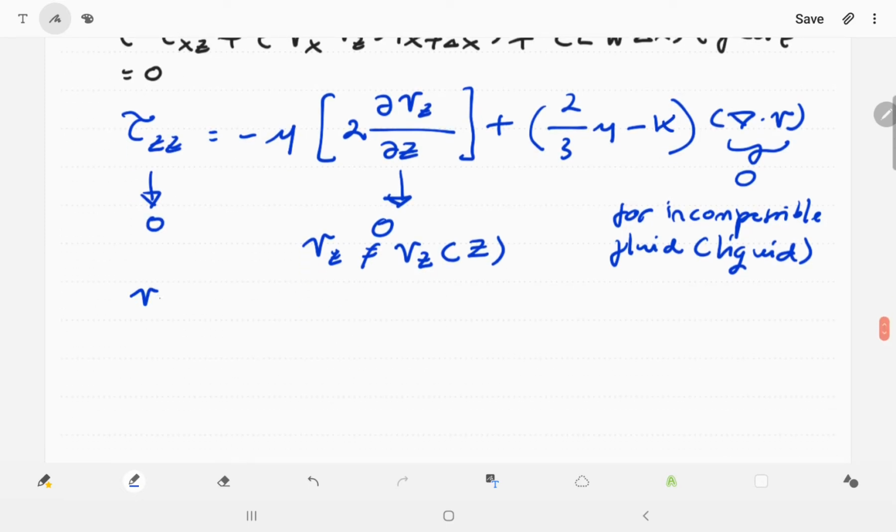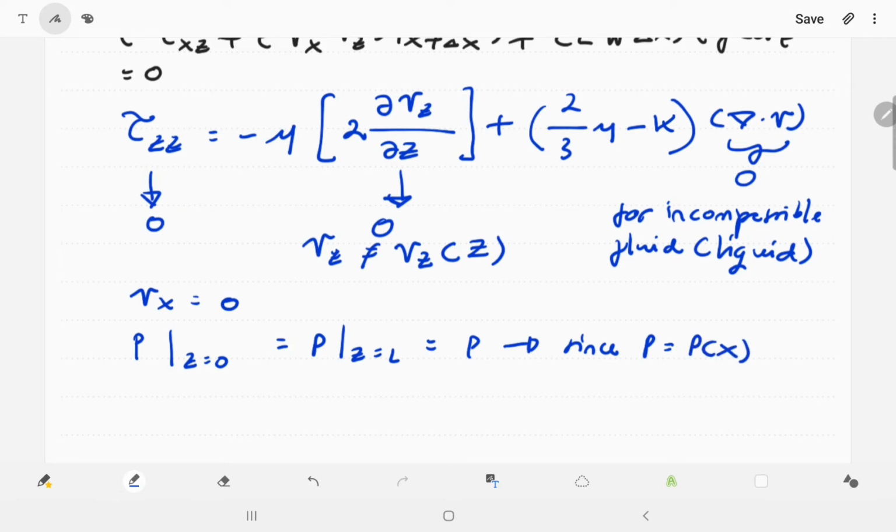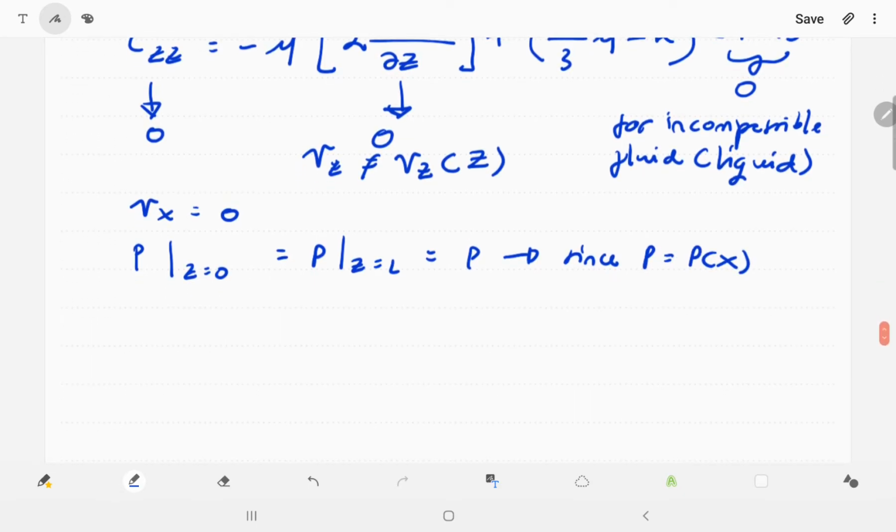And next one, again in the postulation, Vx is equal 0. And then pressure at z equals 0 will be equal to pressure at z equal L. And this can be defined as P. Why? This is because your pressure is only a function of x. It's not a function of z.